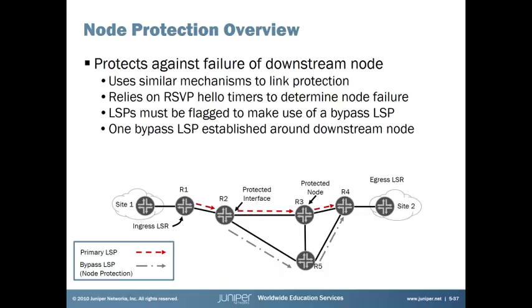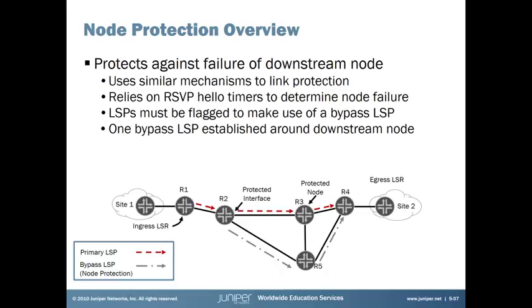So what we're doing here is protecting the link from R2 to R4, and that protects this alternate LSP that we're calculating. Basically, we're pre-calculating a failover path.